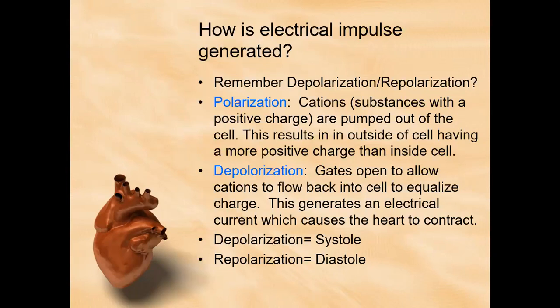When I'm recharging the cloud, I am repolarizing. When I send the lightning bolt out, that causes the muscle to contract, which by definition is systole. When the cloud is recharging and there is no lightning bolt stimulating, my muscle is in relaxation.